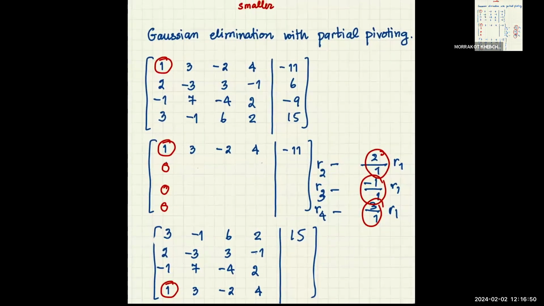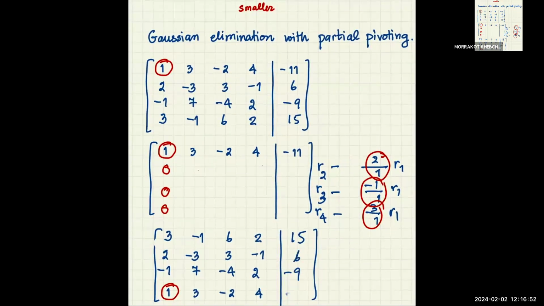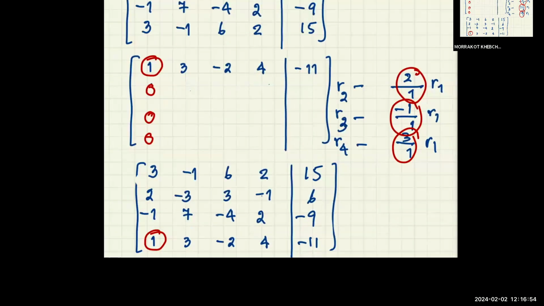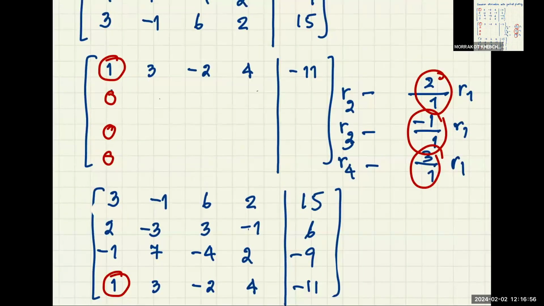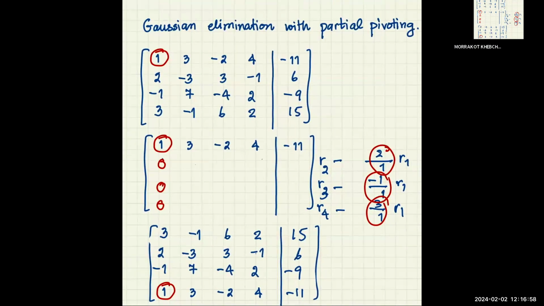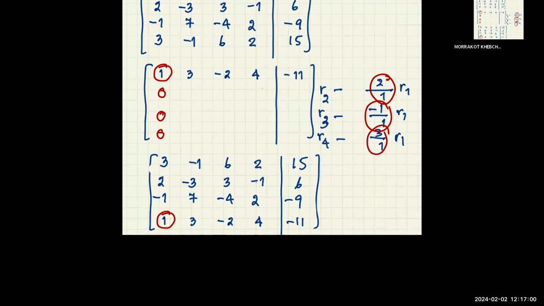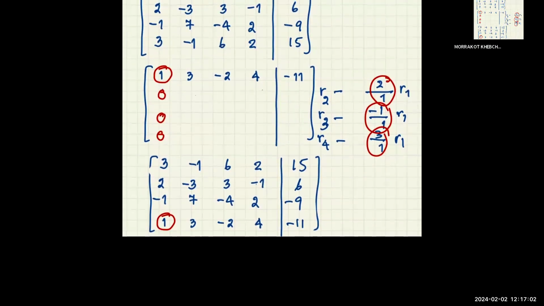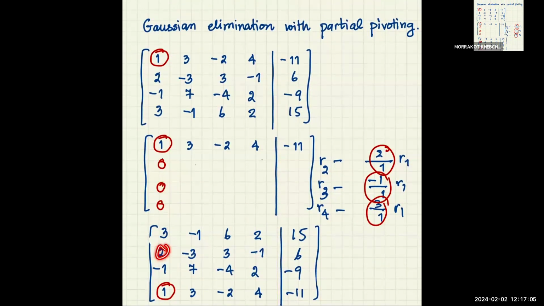Okay, let's see, 6 minus 9 minus 11. So if you do this, you want the entries underneath number 3 to be 0, okay? 0, 0. What is going to be your 2 minus 1, 1, okay? Your multiplier will be what?